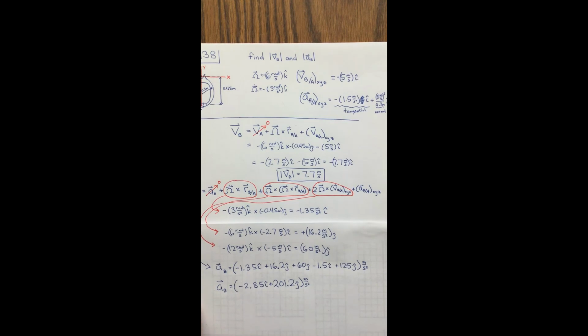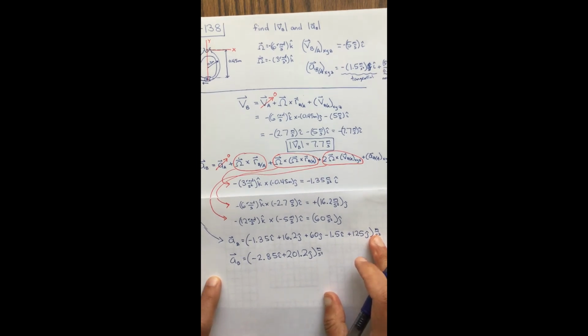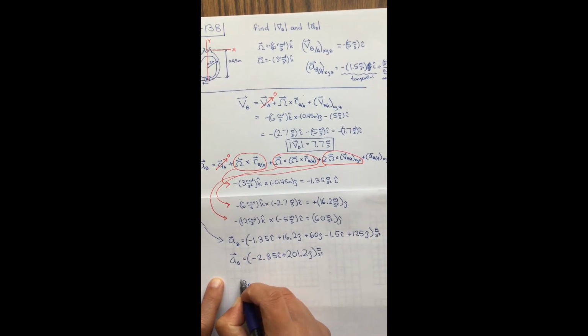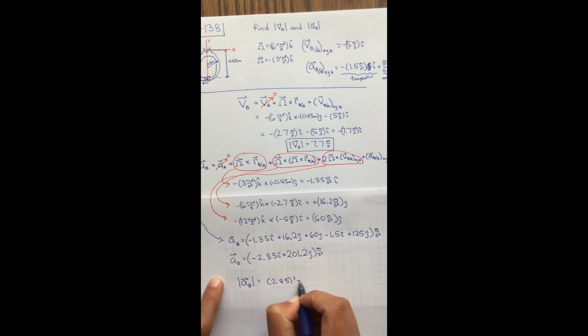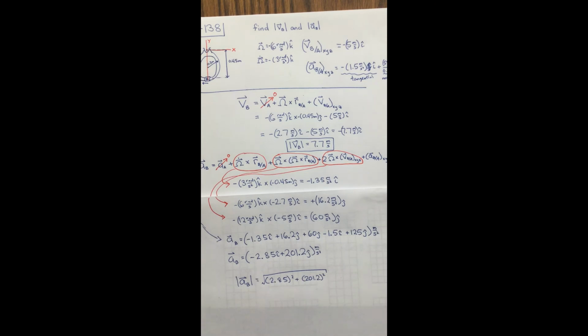But that's not what they asked me to find. They asked me to find the magnitude of the acceleration. So to find the magnitude of the acceleration, I use the Pythagorean theorem. I square the I hat component, I square the j hat component, add them together and take the square root. And for that, I get, with 4 significant figures, it's not exactly 201.2 because that's what we had just for the y component.